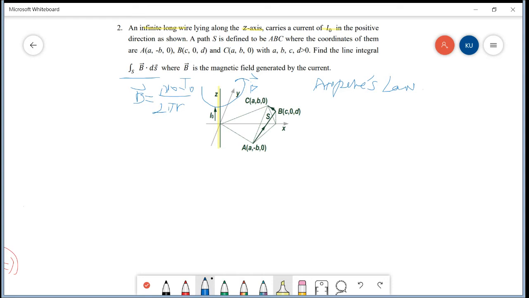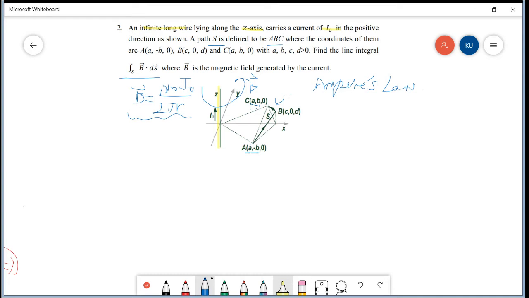In this case, we define a magnetic field by this current, and we define another path called S, defined to be ABC, shown here. A is (a, -b, 0), B is (a, b, 0), and C is (a, b, d). So these two have the same x coordinate, and for the y coordinate the absolute values are the same but with different signs.